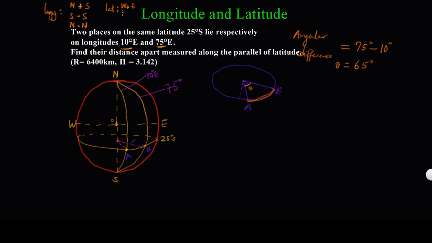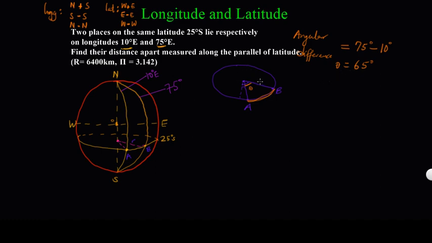If it is east and east, we subtract. If it is west and west, we subtract them. Let's take note of that. So look at this. We have the 10 degree east and 75 degree east. So we are going to subtract them. And that's what we have done here, and we have been able to get our angular difference.